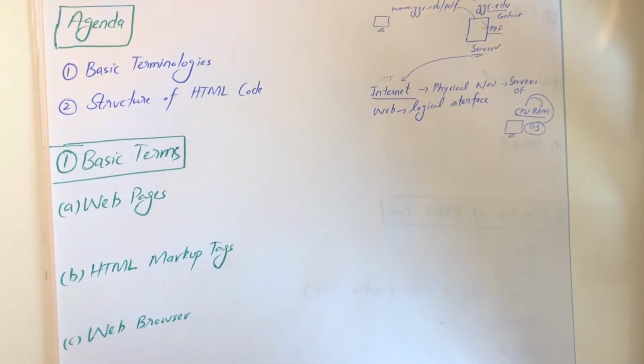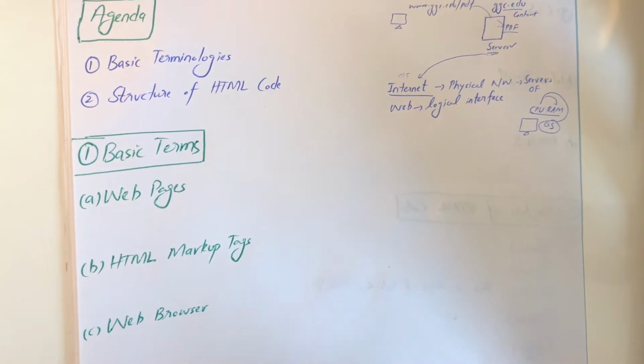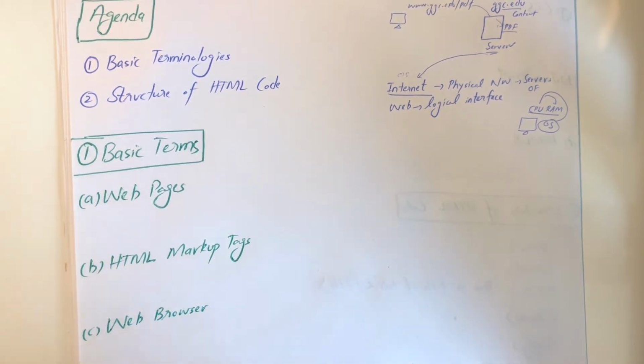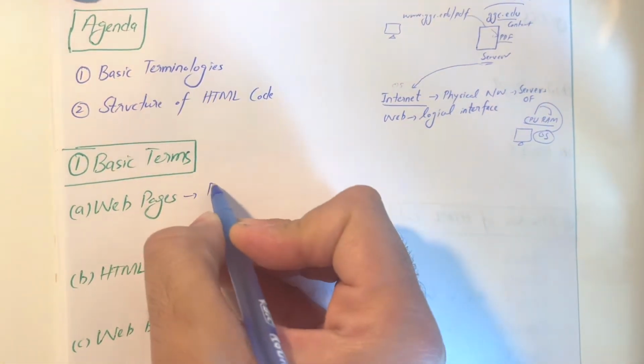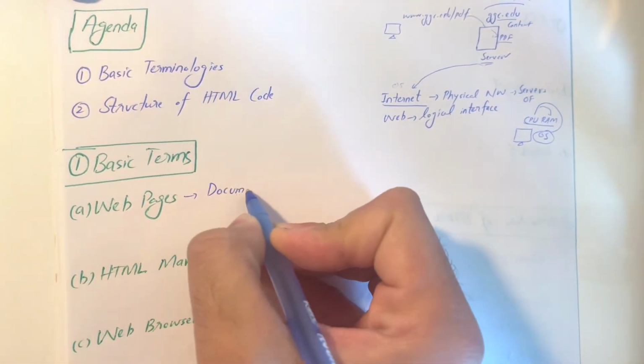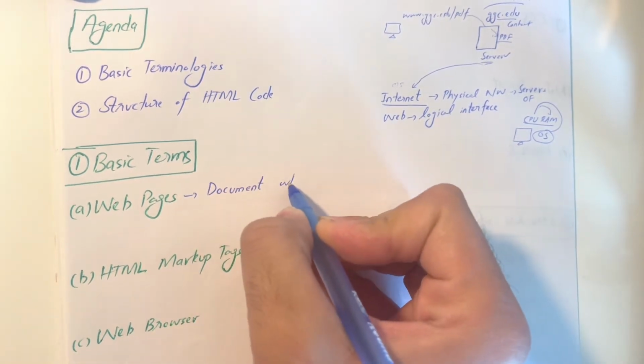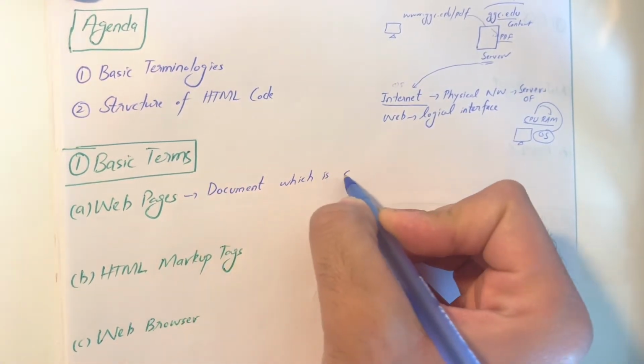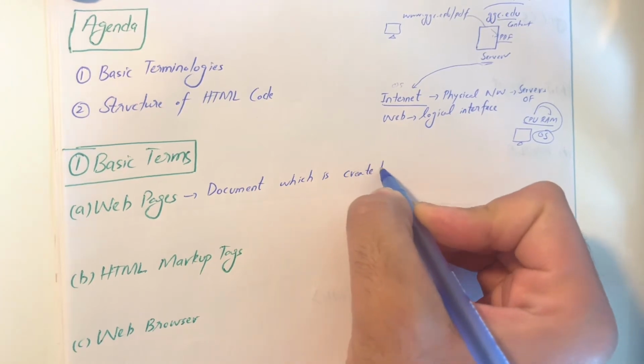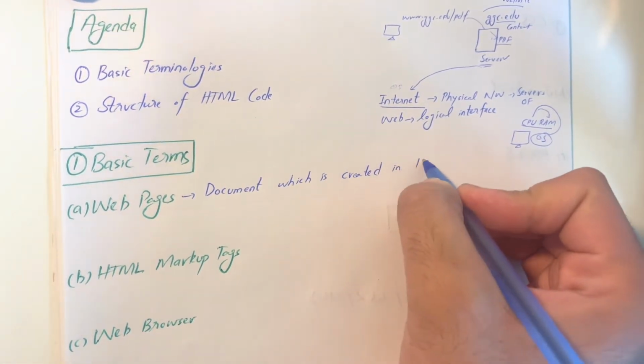The first term that you will see over and over is called a web page. A web page is basically the content or document that is displayed in your browser when you access any website. So a web page is basically a document created in HTML.